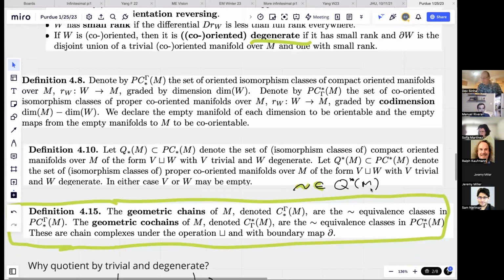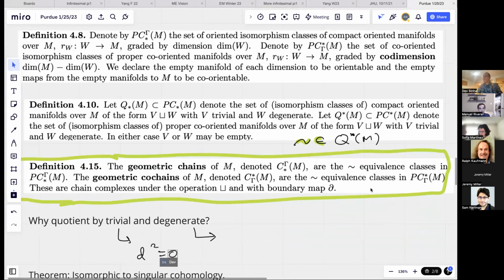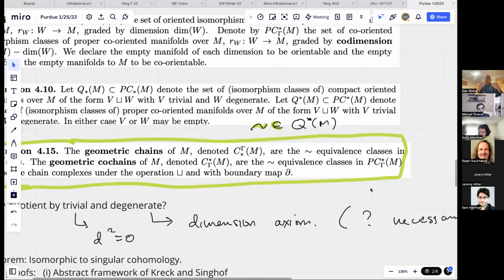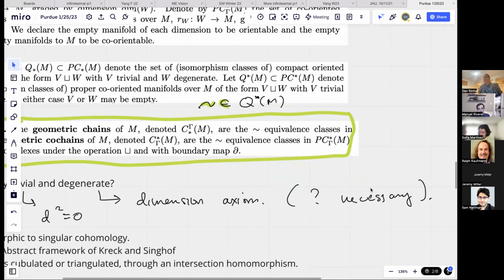Yep. Right. And degenerate is a way to get us the dimension axiom. And a question I still have: is this necessary? Could you get away with less? But anyways, we were able to work with those.